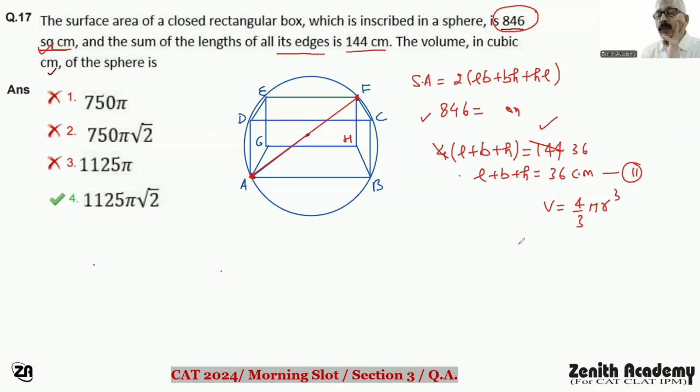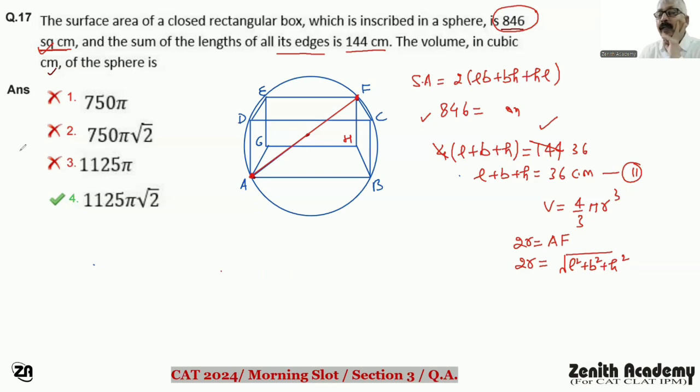So 2R is equal to AF. And again, AF is what? It is root of L square plus B square plus H square.